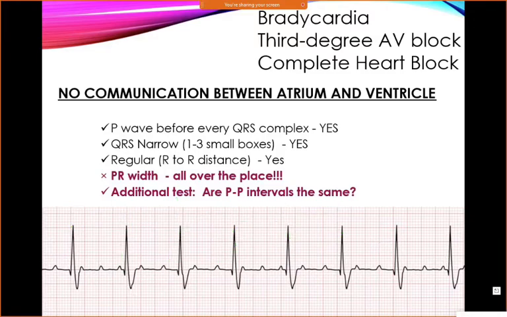And this is why we're not testing you, because there's a lot of reading going on here. This is 5, 6, 7. This is 7 small boxes. Let's look at this one. This is about 3 small boxes. Let's look at this PR interval.